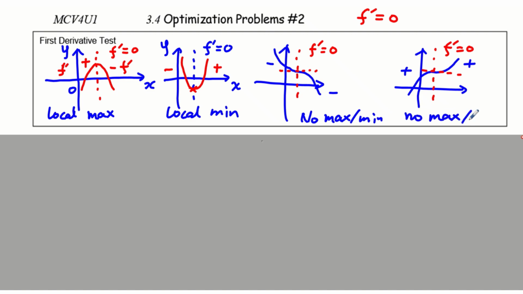So this is one way you can check whether you have a maximum or minimum value at f prime equals 0. This we call the first derivative test.